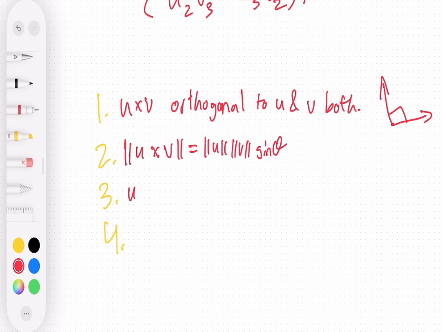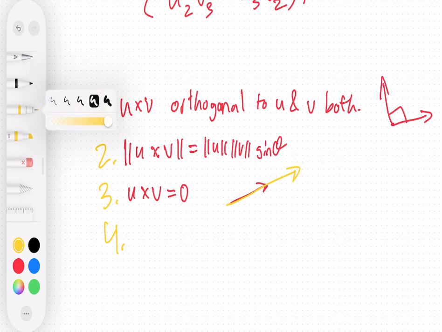We went over this earlier. We skipped the proof, but you can totally prove it on your own. It would be very helpful. Then U cross V equals 0 if U and V are scalar multiples of each other. That was when I was explaining that there's no area to make a parallelogram.